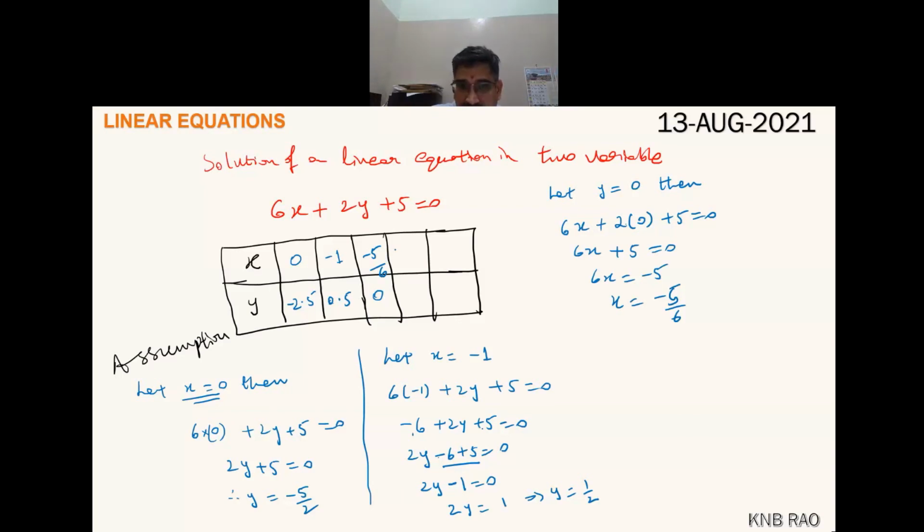Now, children, can you tell me what is the value of y when x equals 1, and the value of x when y equals 1? The first person who raises a hand will be given a chance.